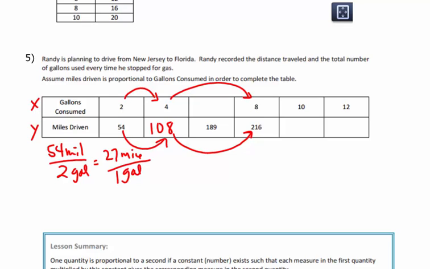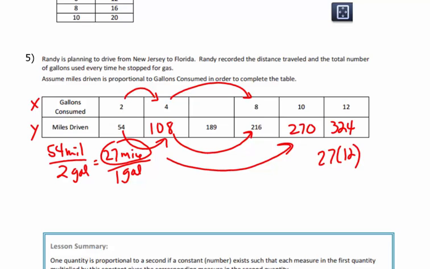So if I want 10 gallons, I take 27 times 10. That's 270. For 12 gallons, I take 27, my unit rate, times 12. That gives me 324.